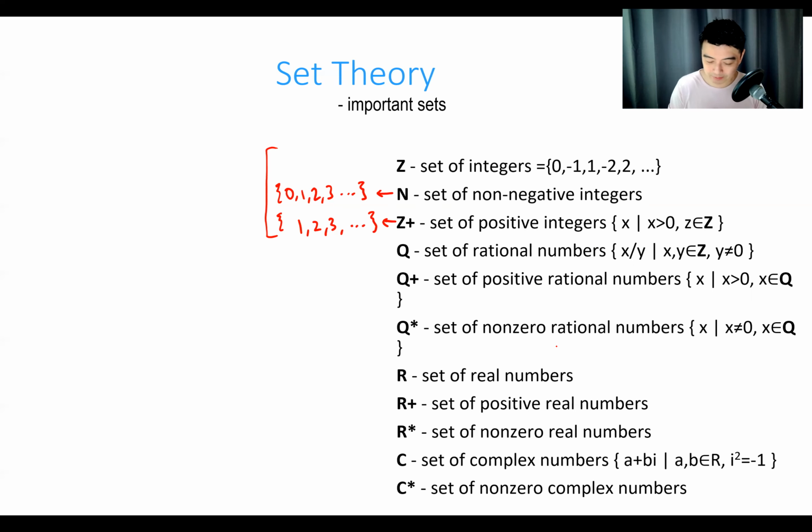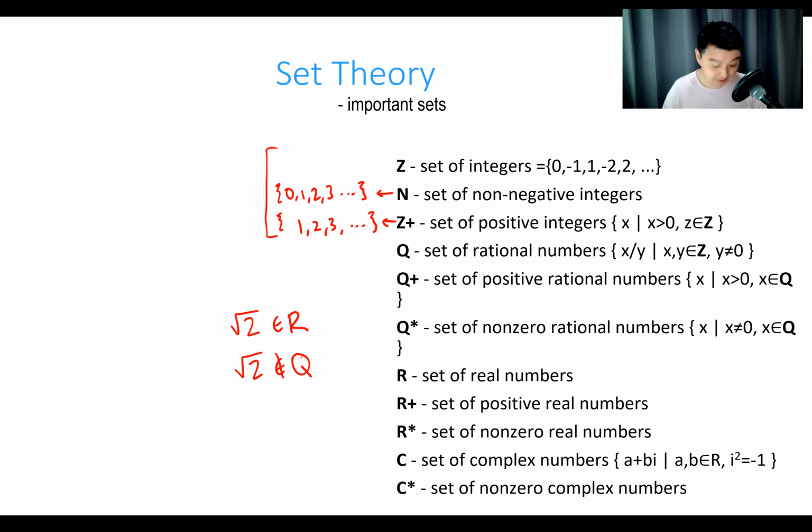One example I can give you is the number root 2, which is a real number. If you figure out what root 2 is, it actually goes on forever. But root 2 is not a rational number, so it's not in the set Q. There's no way that we can write root 2 in the form integer over integer.